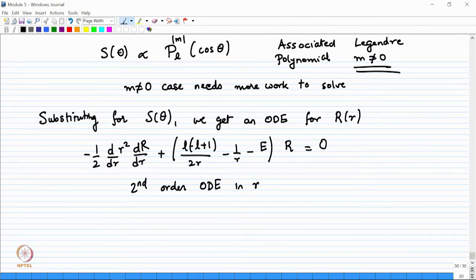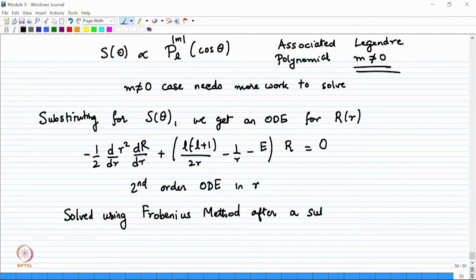And the solution is obtained using the Frobenius method, but before that, after a substitution. So you first make a substitution and then you solve using the Frobenius method. I won't do this explicitly; you can refer to standard books.